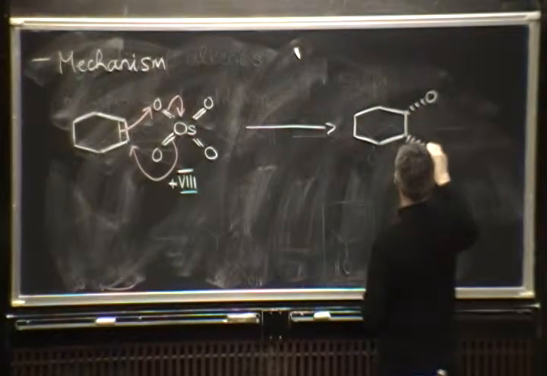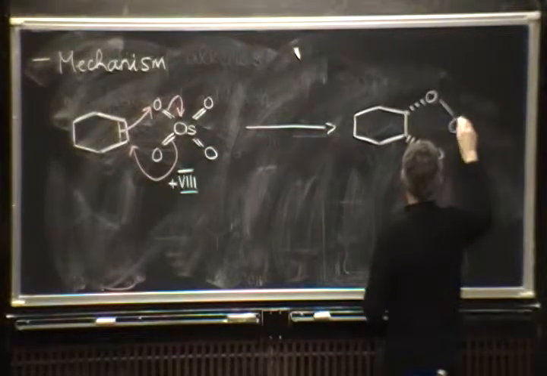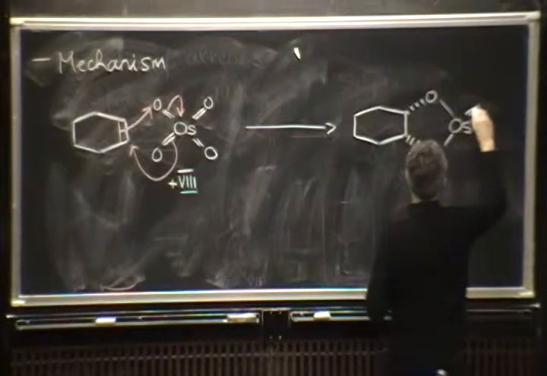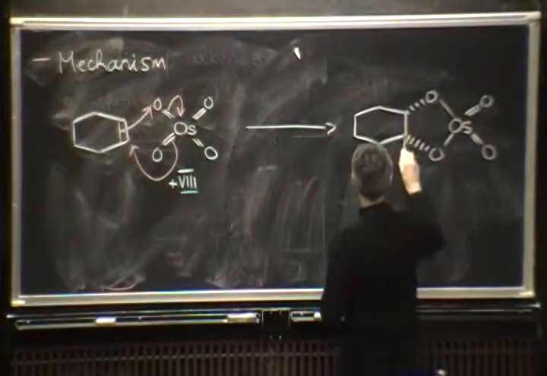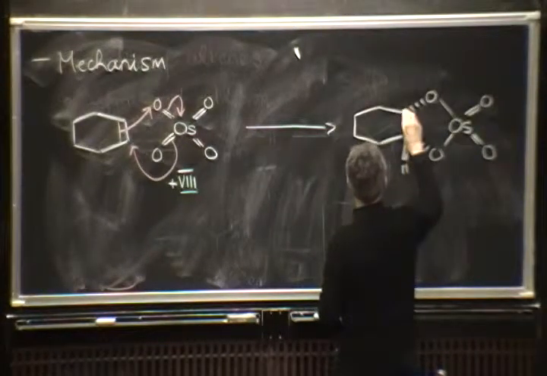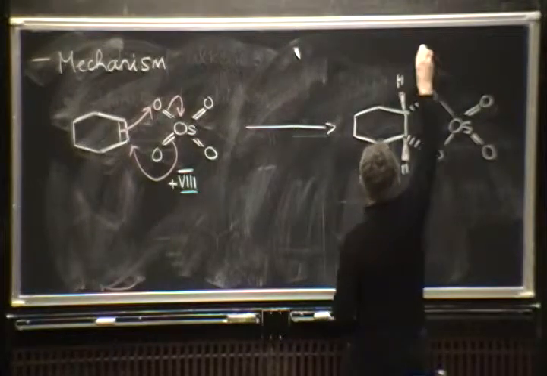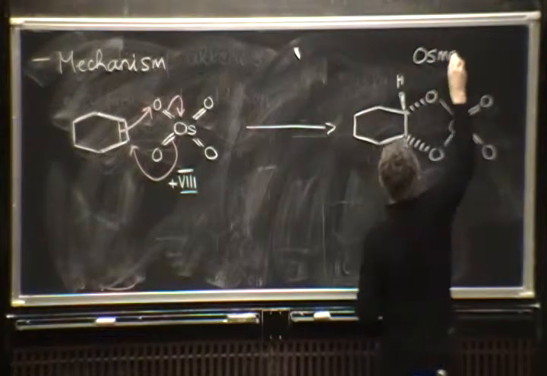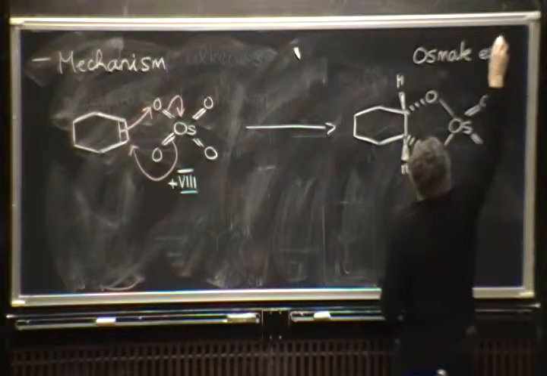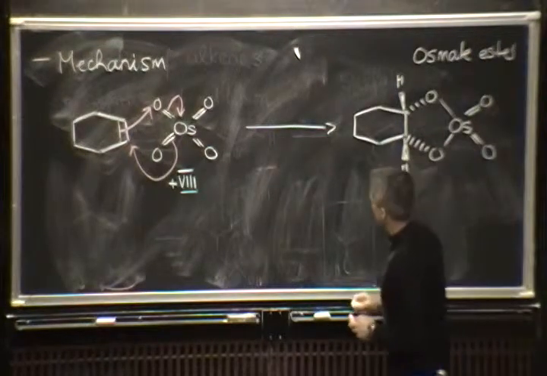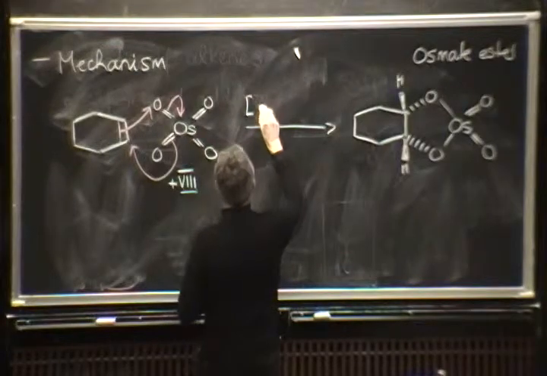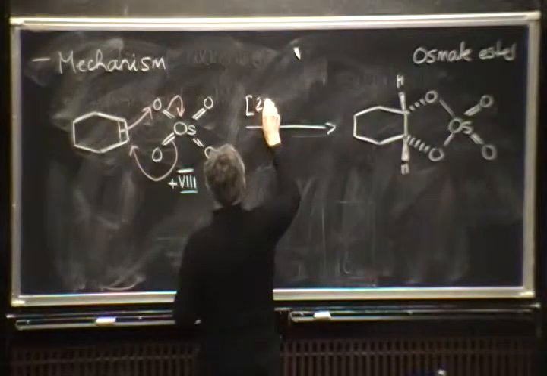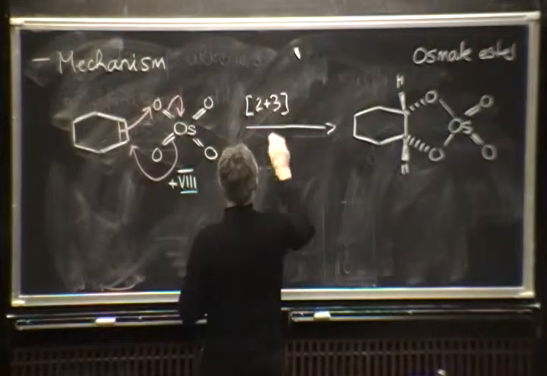That gives us what we refer to as the osmium ester. And this is a 2+3 cycloaddition.